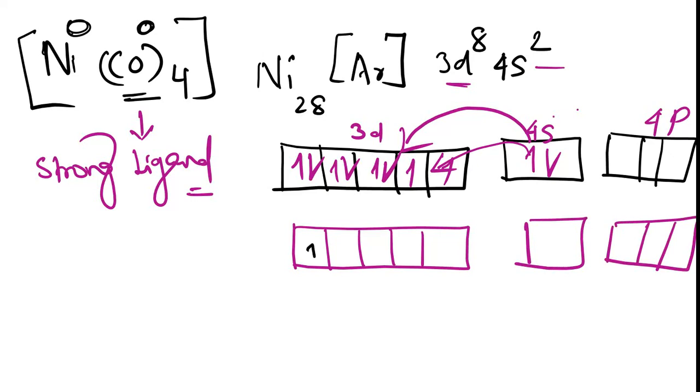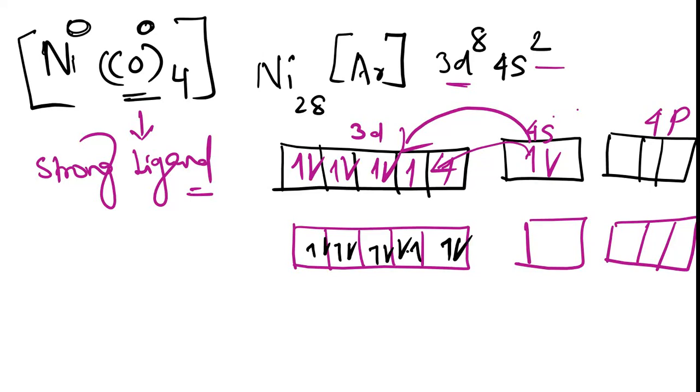These orbitals are already filled, with 3d8 only now. So in these places, the 4s electrons are filled.